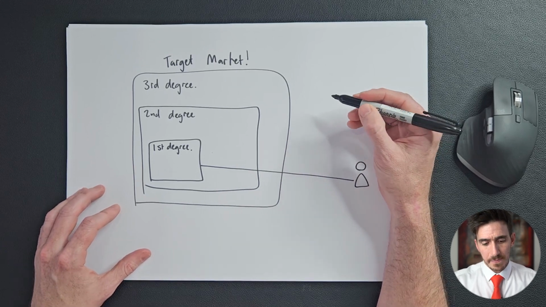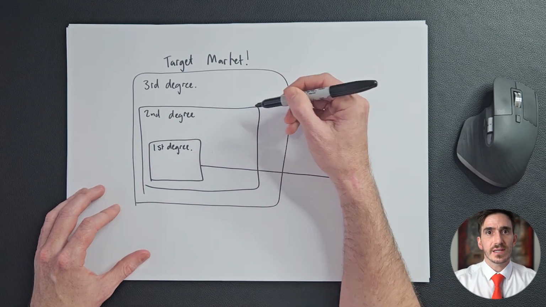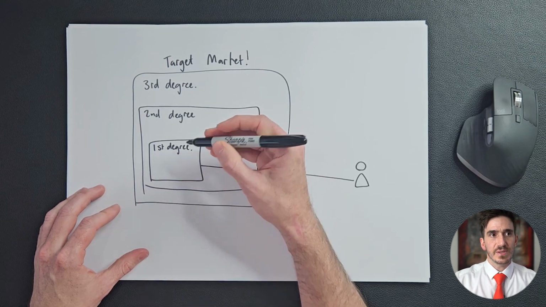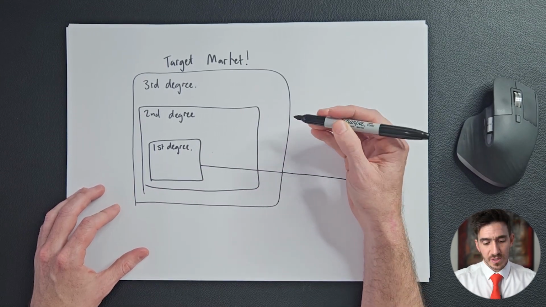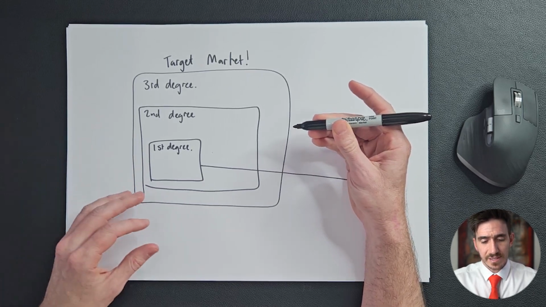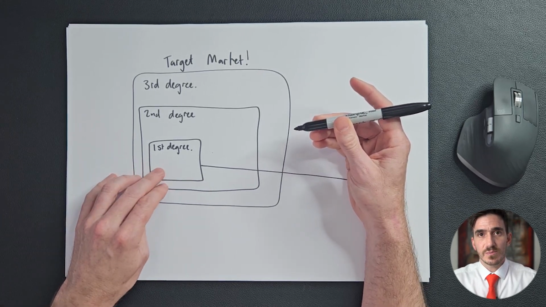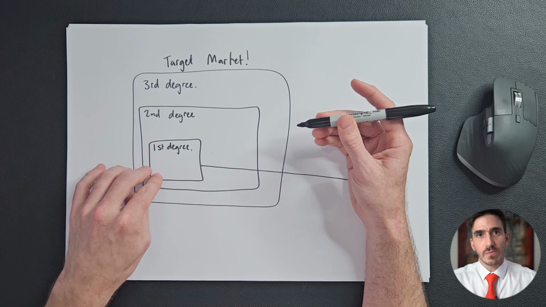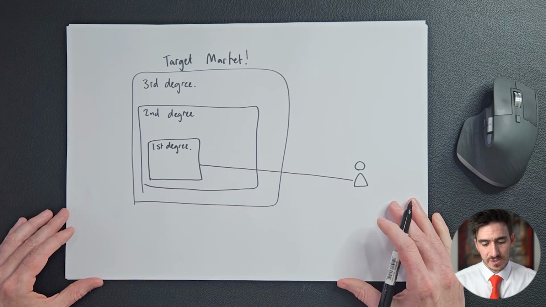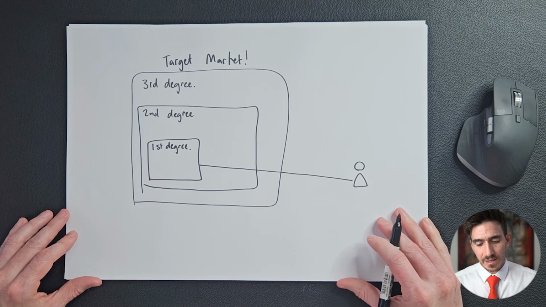Once you define your target market, you really need to prioritize who is most likely to engage. Now, if we only look at first, second, and third degree connections, first degree is a good place to start, assuming you've been nurturing your network, because these are people who know you. If you've done any sort of posting of content, they're already in your network. The problem is most people don't have a particularly big or decent sized first degree network of relevant audience.